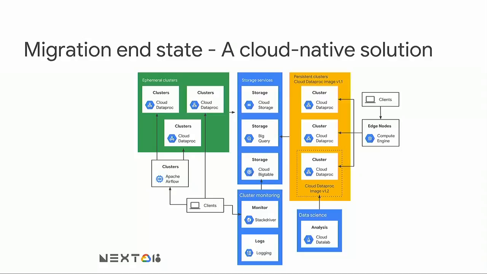In the middle, in blue, you see my different data stores. I already talked about cloud storage. I'm adding two more to this mix: BigQuery and Bigtable. BigQuery, for those of you who do not know about it, is a petabyte scale data warehouse.